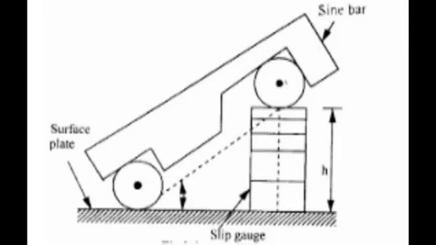The axes of the rollers must be parallel, and the top surface of the bar must have a high degree of flatness. The rollers must be of identical diameters and round within a close tolerance. With applications of the sine bar, you have to find out the theta and measure the angles.